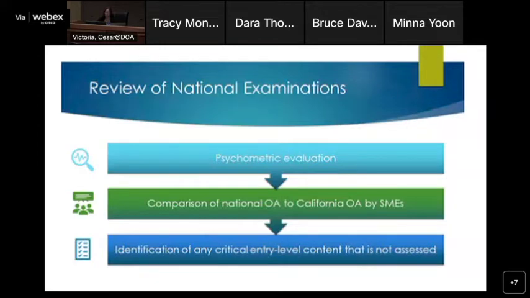And what we mean here is that whenever you utilize an exam to make pass-fail decisions, you need to have a methodological study that supports how you have written or developed that exam, and that's called an occupational analysis. So your national program has likely done what's called an occupational analysis. Sometimes it's referred to as a job analysis or task analysis.